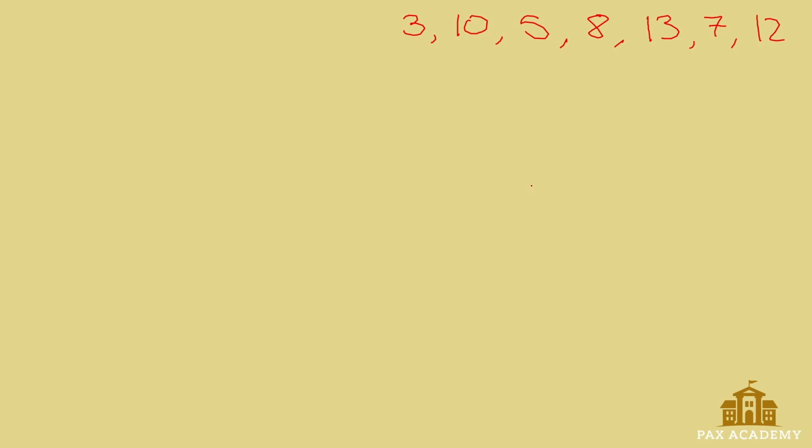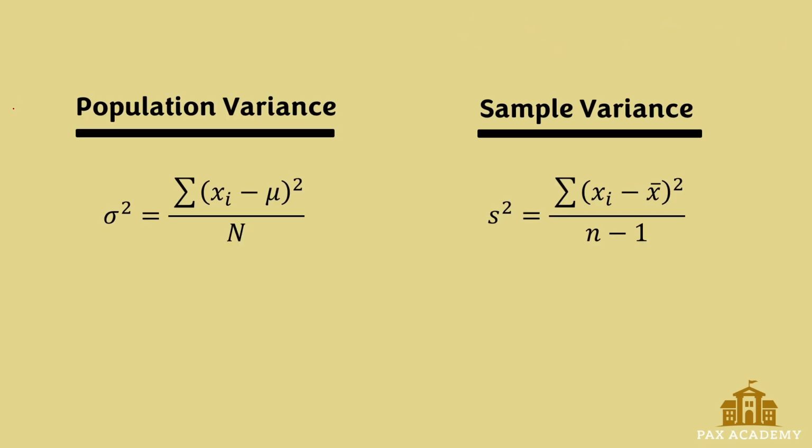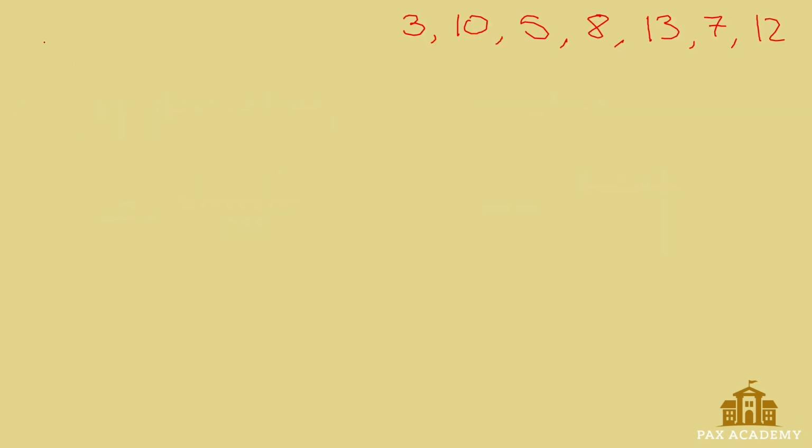So we have 7 values. There are 2 methods to calculate the variance that you can choose. You can either construct a table, which is what we're going to look at first, or you can directly just use the formula.